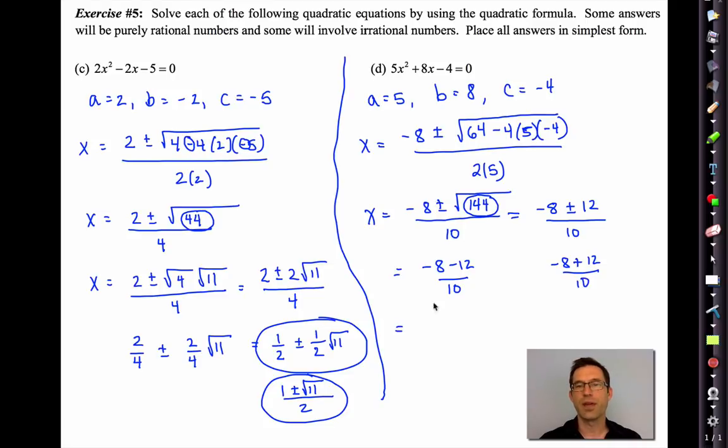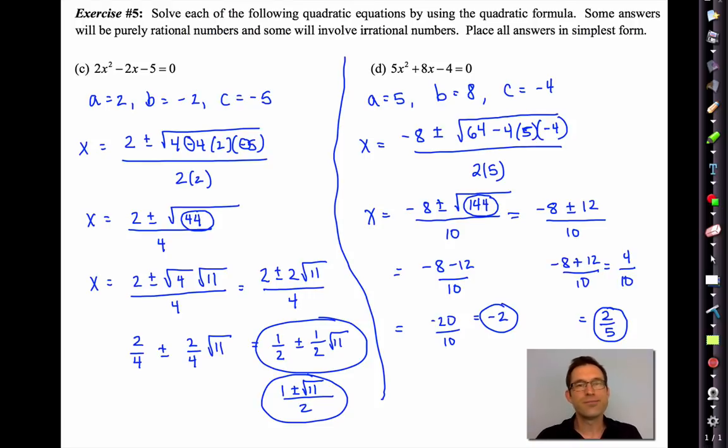What do those equal? Negative 8 minus 12 is negative 20 divided by 10. Ooh, that turns out really nice. Negative 2. And then negative 8 plus 12 divided by 10, well, that's going to be 4 divided by 10, and that's 2/5. So nice rational answers.